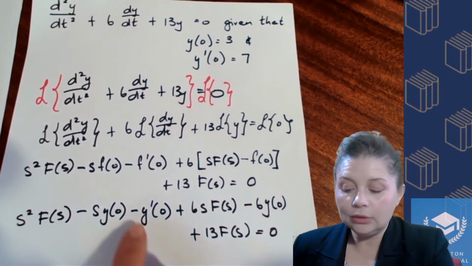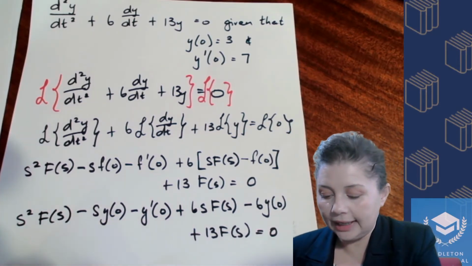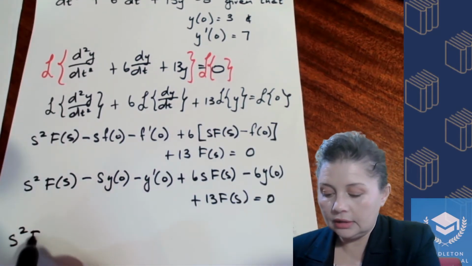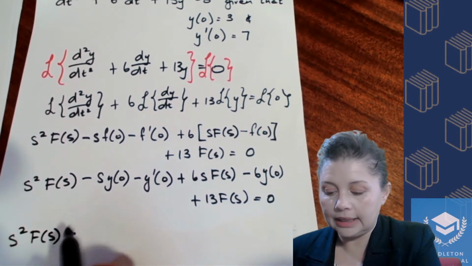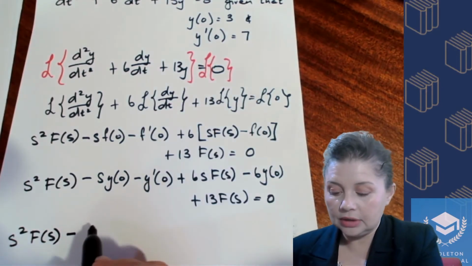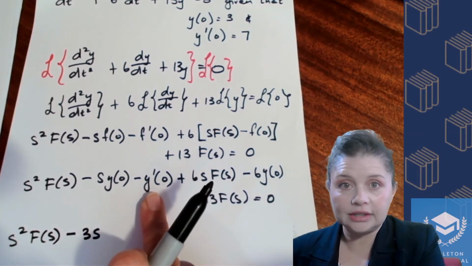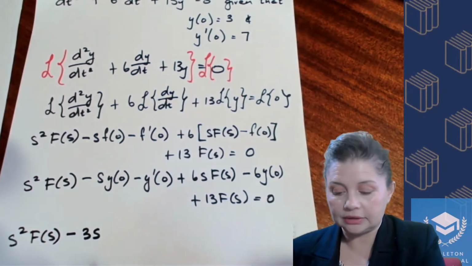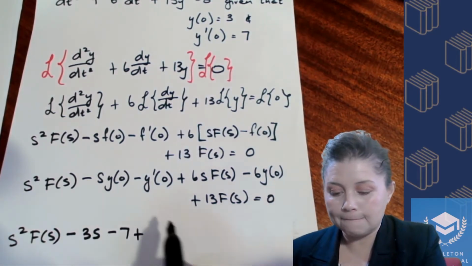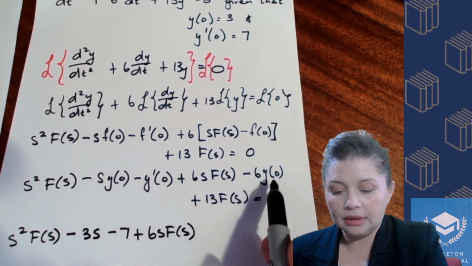Okay, and here we can now apply our initial conditions. So we have s squared F of s minus, y at 0 is going to be 3, so we'll get 3s, y dash at 0 is going to be 7, minus 7, plus 6s F of s.